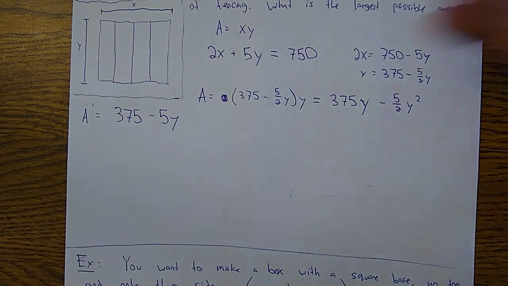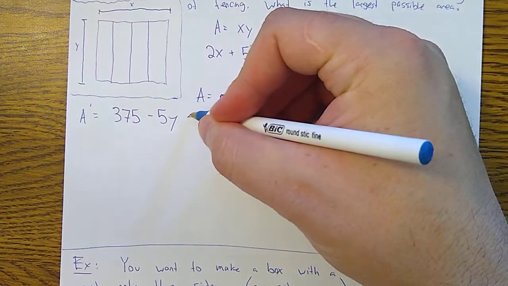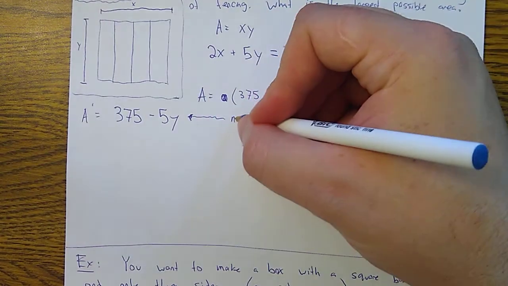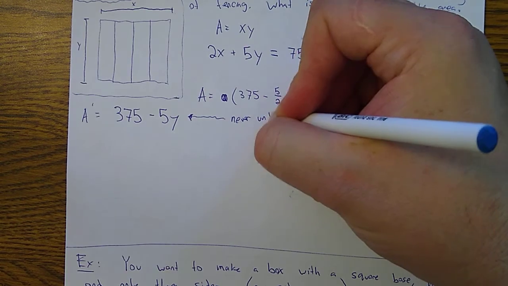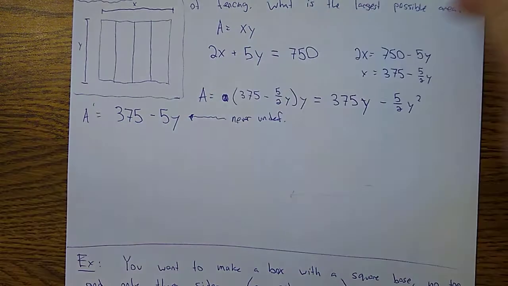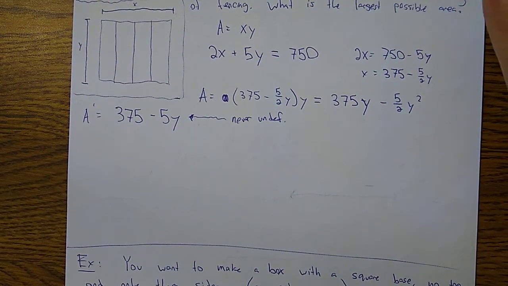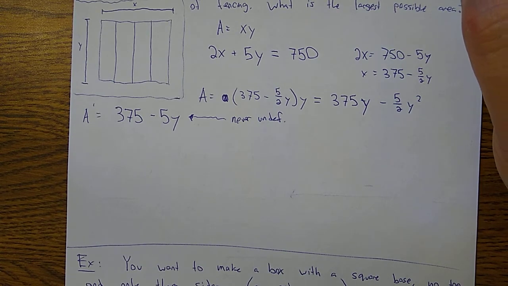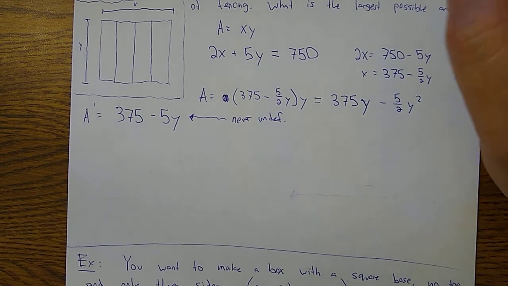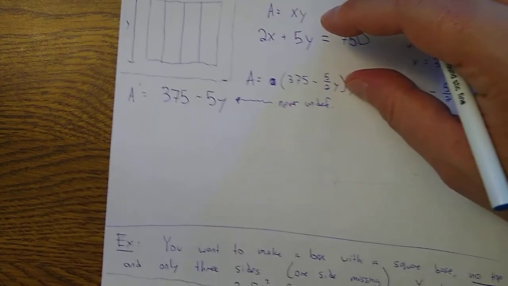So here's A prime. As usual, this is never undefined. We need to check that, though. The critical numbers include anywhere where it's undefined, but most of the time we find that that's not an issue.